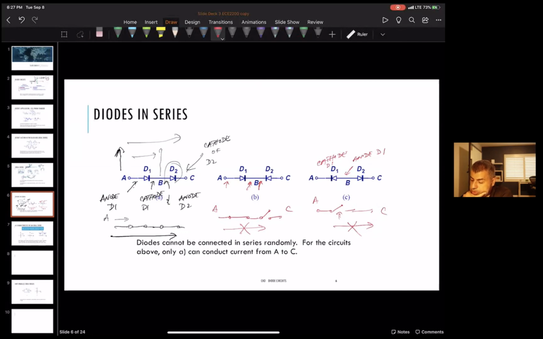Maybe I just said that wrong. You have to make sure you put the diodes facing the same direction when they're in series to let them conduct, and it also depends on what A is compared to C. But in the case of an ideal diode, this circuit is equal to this circuit.